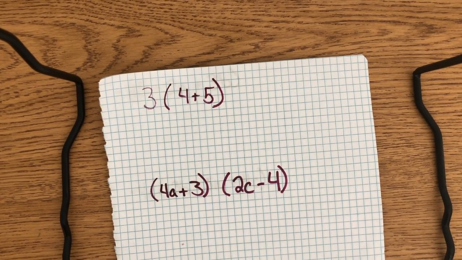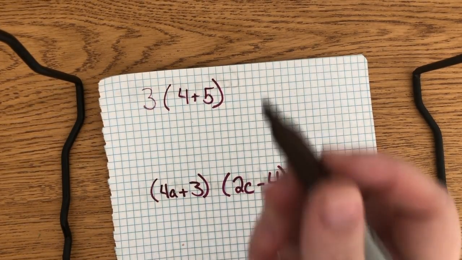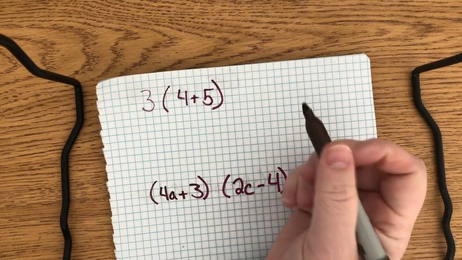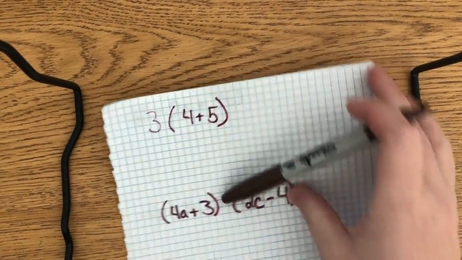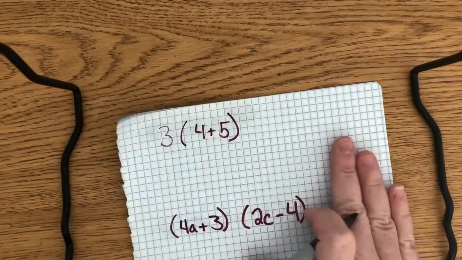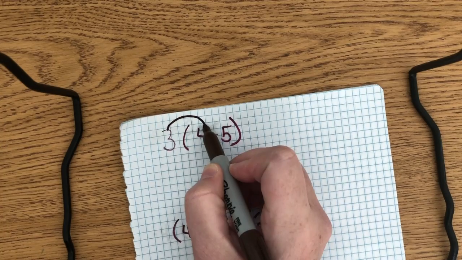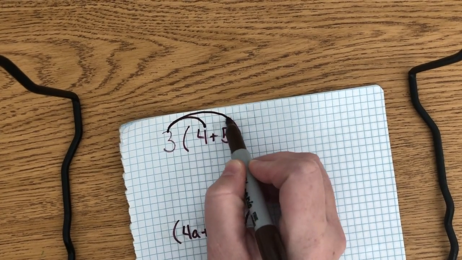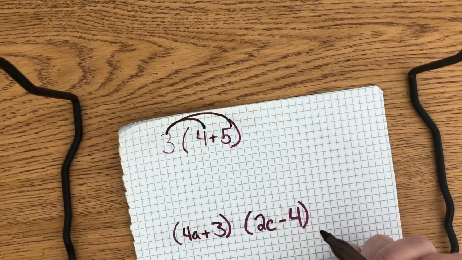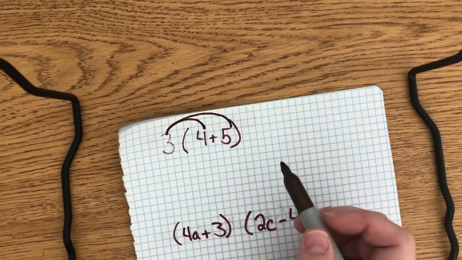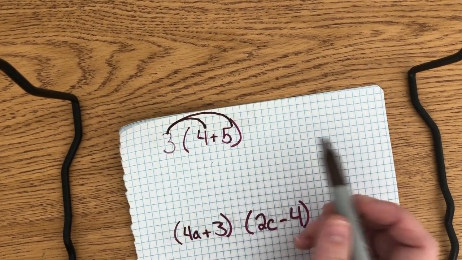So we have to remember distributive property is distributing. I'm taking the outside term and I'm distributing it to this term and that term. So I'm making a new equation. Then I'm solving it.